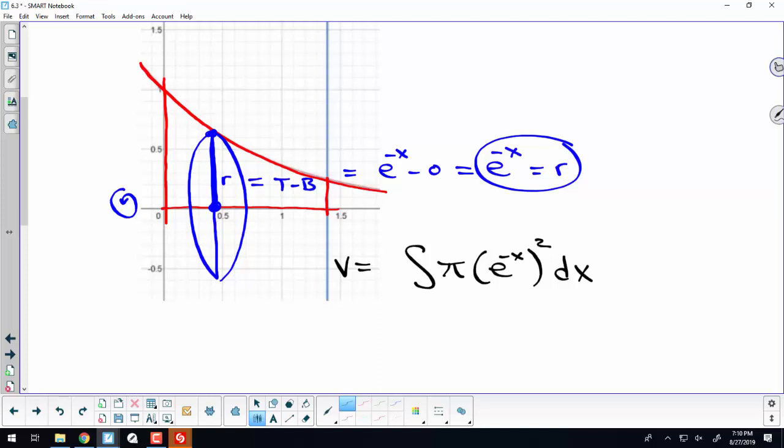Right, 0 for this rectangle here, all the way up to this rectangle, which is the natural log of 4. So that's the setup, that's it. That's how we compute the volume. Of course, we've got to integrate that, but that's really step one. That's what we're after. Does anyone have any questions?